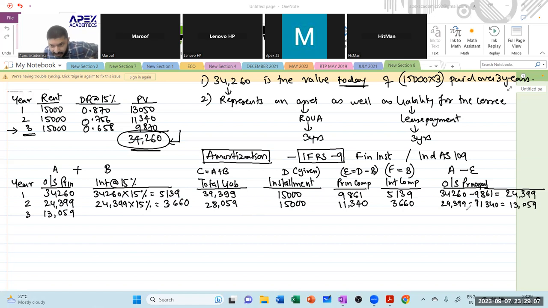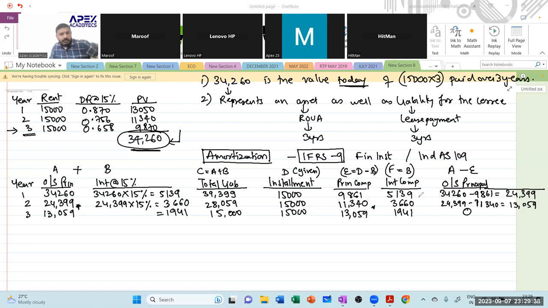At the end, your outstanding principal is going to be 0. Your total installment is going to be the total amount that you are paying. Now that is your total liability. So your interest is going to be the difference between 13,059 and 15,000, which is 1,941. So here interest component is 15,000 minus 13,059 equals 1,941, and here you will get 13,059, which is the same as this number.